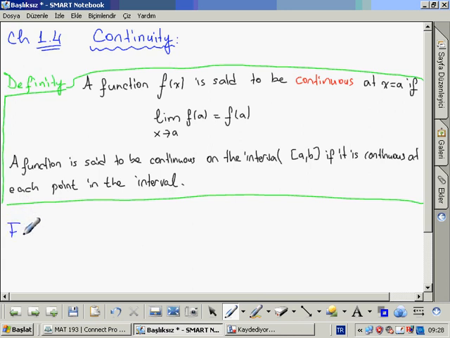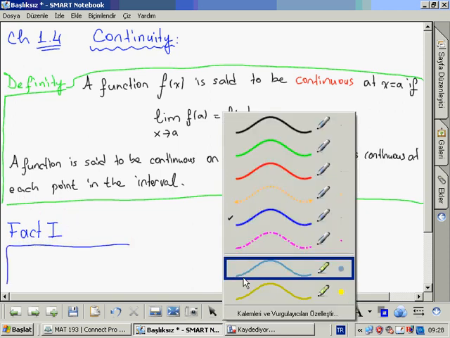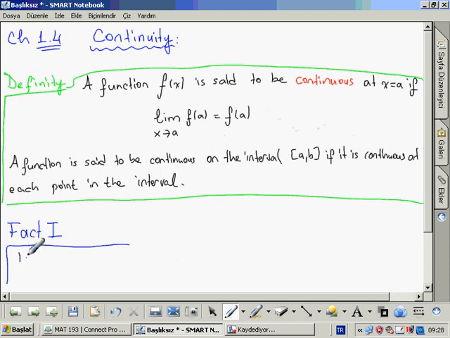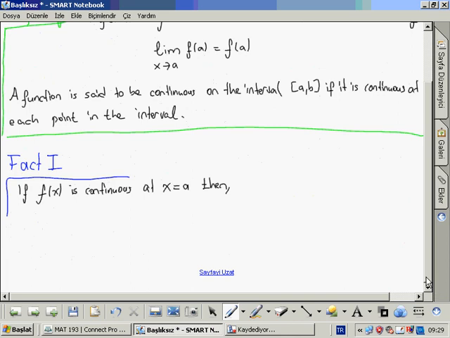Okay, and the fact 1: if f of x is continuous at x equals a, then, oops, I'm sorry, this part must be a little wrong.